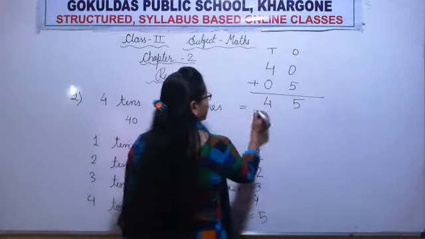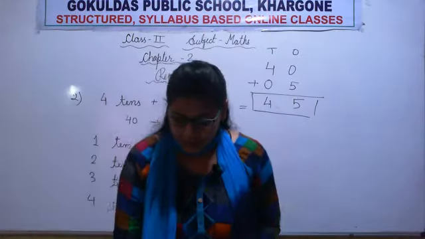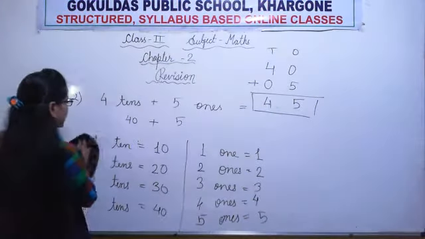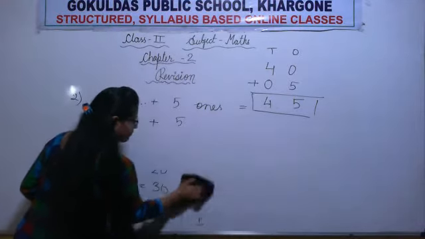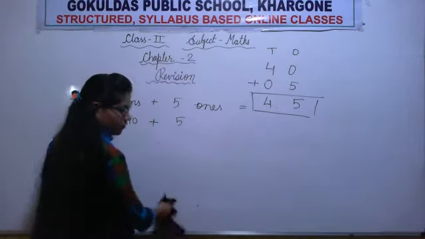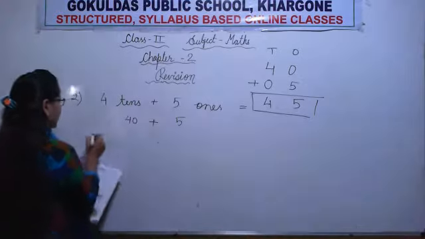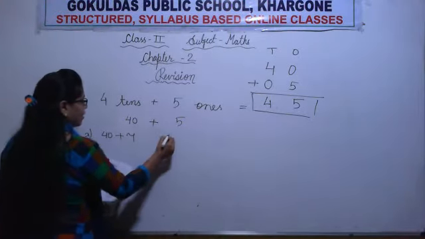So our answer is 45, 4 tens plus 5 ones. Now let's see which option is the correct one. Let's see the options. Option A, 40 plus 7.